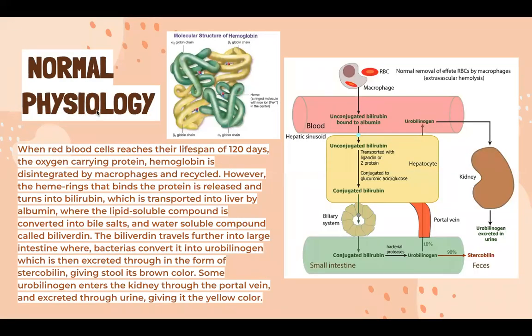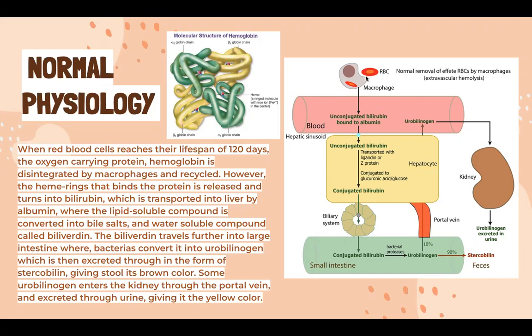So, what is the normal physiology and the process of bilirubin? When red blood cells reach their lifespan of 120 days, the oxygen-carrying protein hemoglobin is disintegrated by macrophages and recycled.